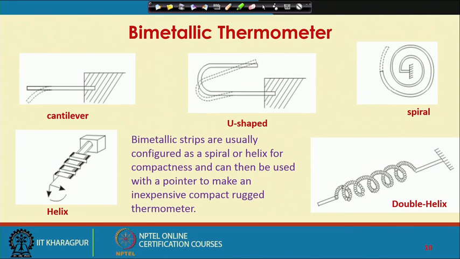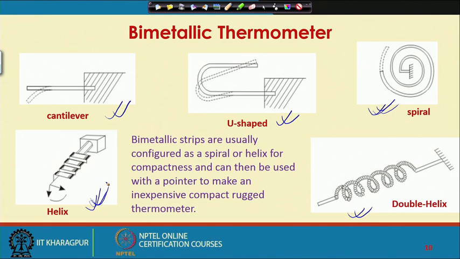So, these are the usual configuration of bimetallic strips: cantilever, U-shaped, spiral, helical, and double helix. Very commonly spiral and helical configurations are found.